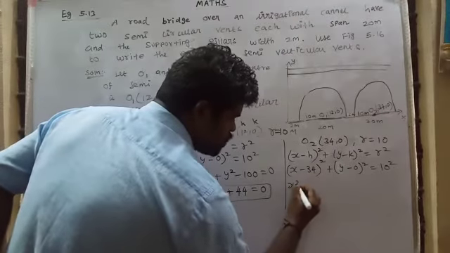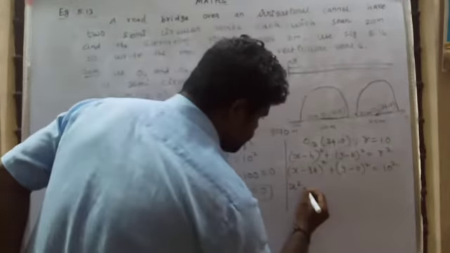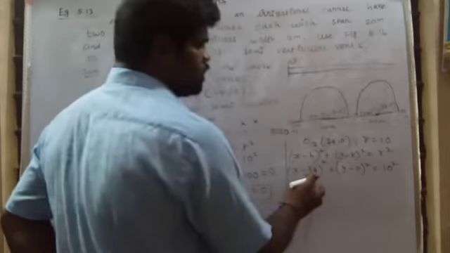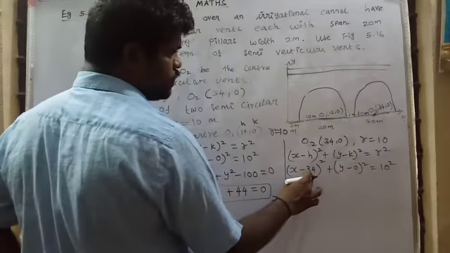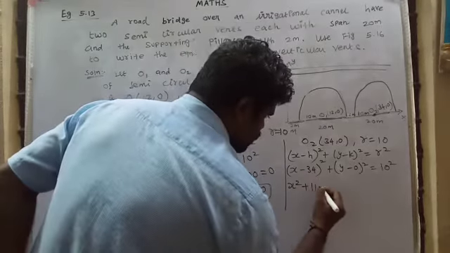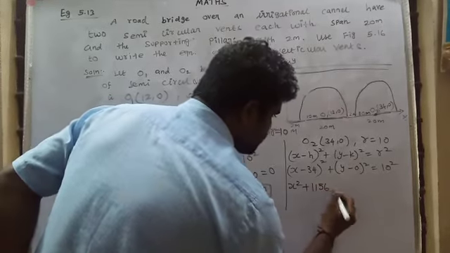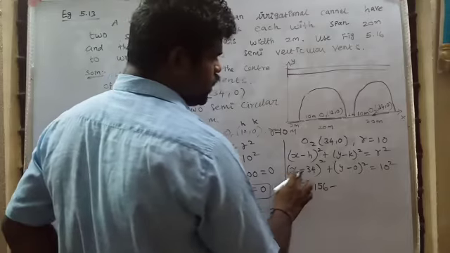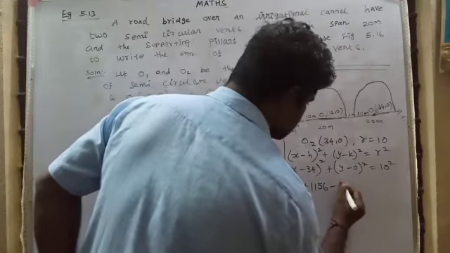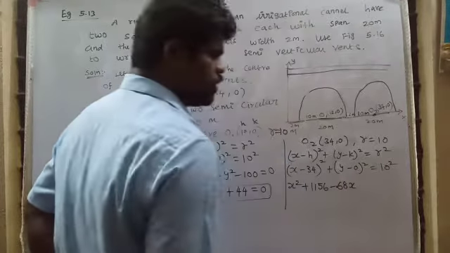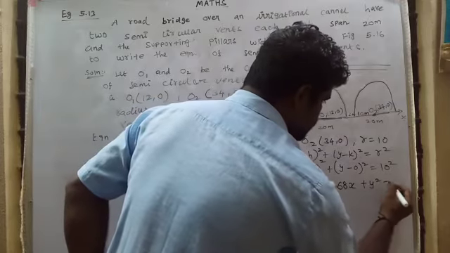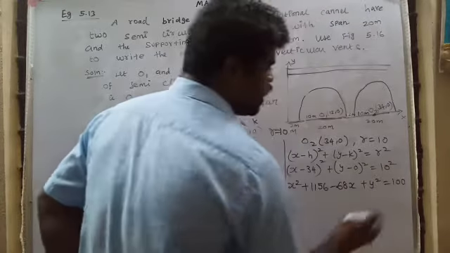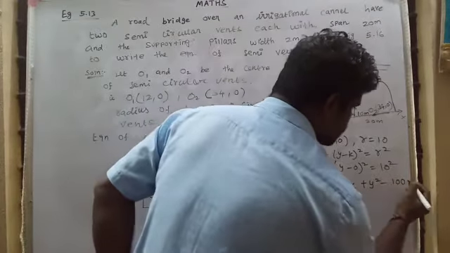Expand this: x squared plus 34 squared, which is 1156, minus 2 into 34 into x, so minus 68x, plus y squared, minus 100 is equal to 0.